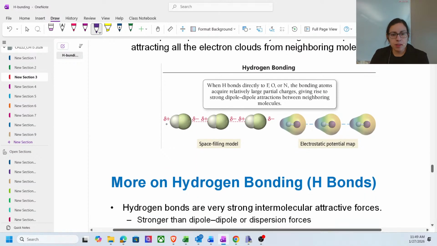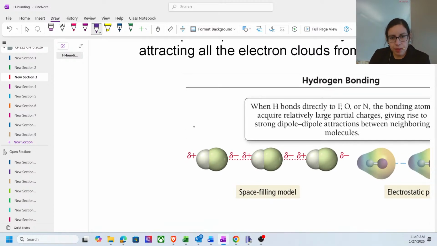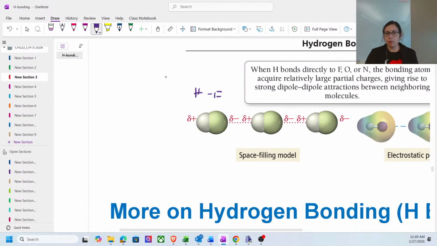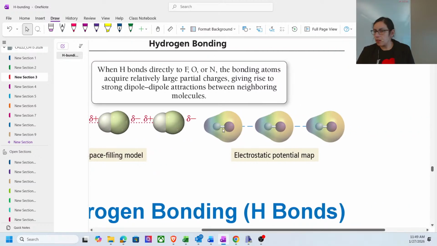And so HF would be a good example. So HF, fluorine, extremely electronegative. So we're stripping our hydrogen of electron density there. I think the electrostatic potential map shows that a little better.